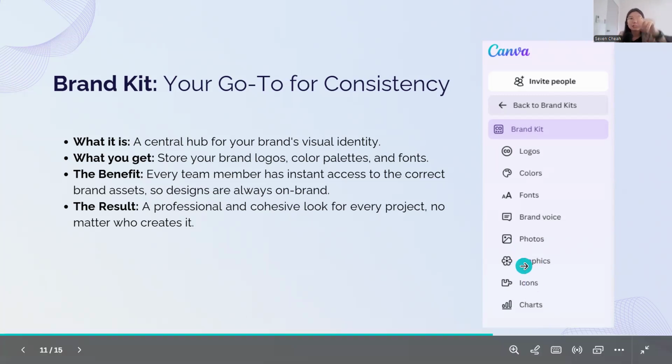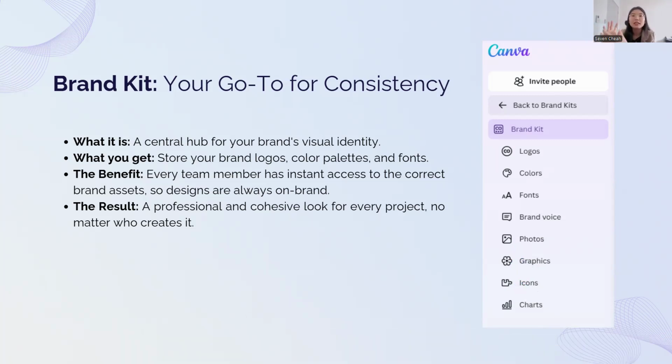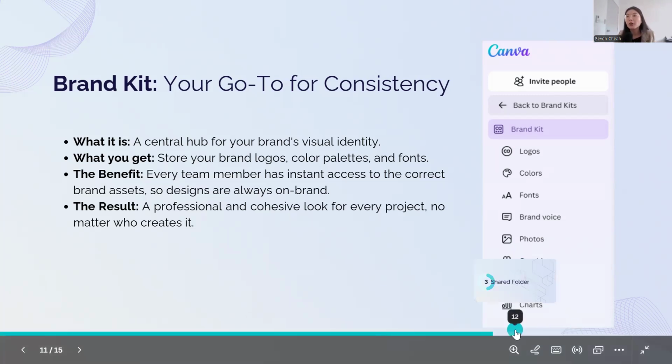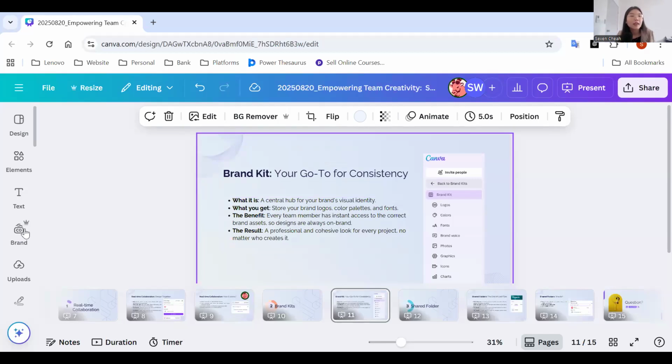So graphic is the drawing, icon is like probably you are apps company, you have a lot apps icons that you have to store, and also chart. So chart for showing your data and everything. Let me show you guys demo also how this thing actually will be very useful in your design.